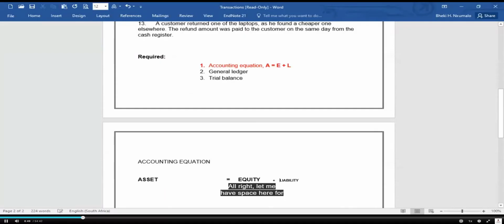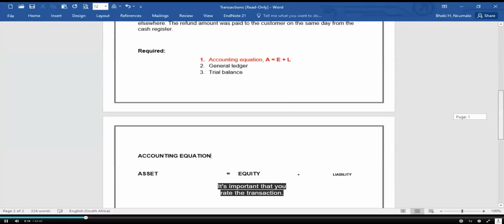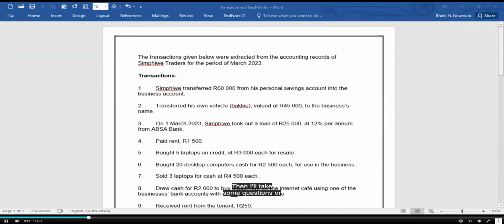So I'm expected to answer the question. It is important that you read the transaction, pick two or more accounts in the transaction, and then show that entry in your books. Let's go straight to transaction number 1. I'll take transaction number 1 up to transaction number 3, then I'll take some questions or comments before we move to other transactions.